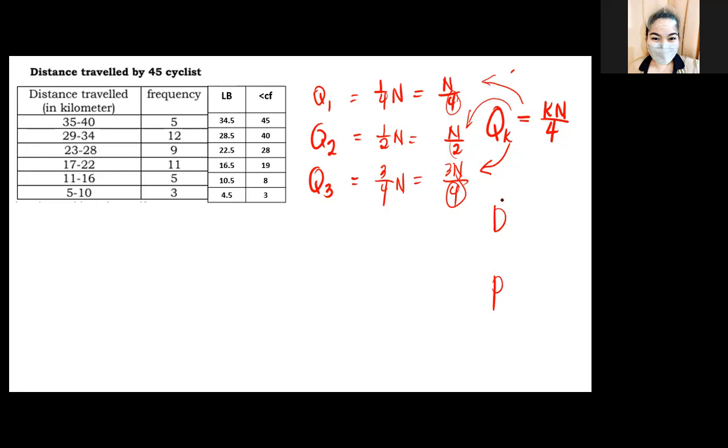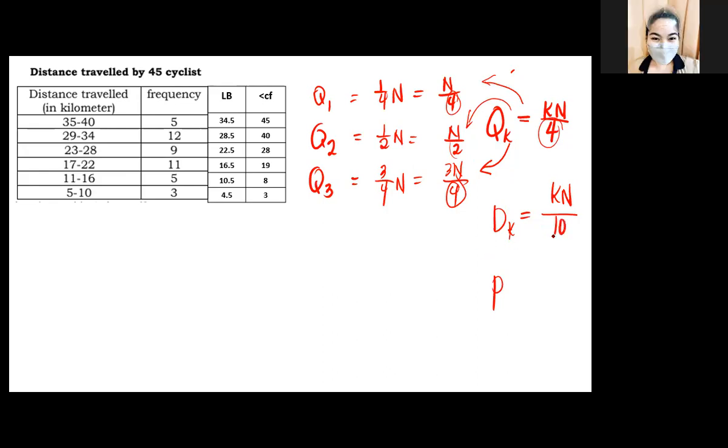So, this can also be used in decile and in percentile. Okay? So, for decile, there is also a D sub k, with a k, and that is equal to k times n. Of course, we can no longer divide by 4, but instead we will divide that by what number? For decile, divided by 10.